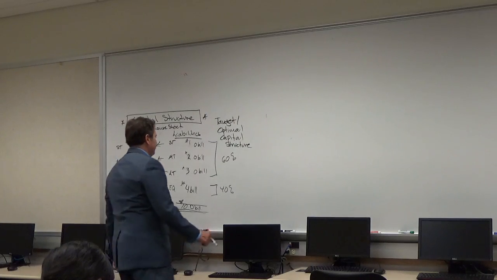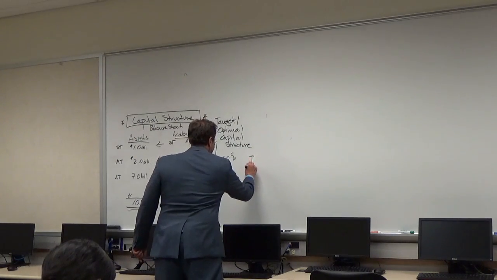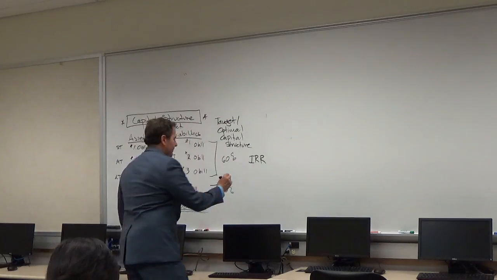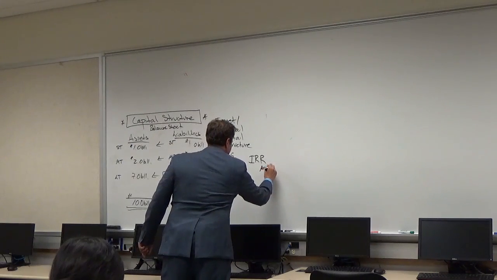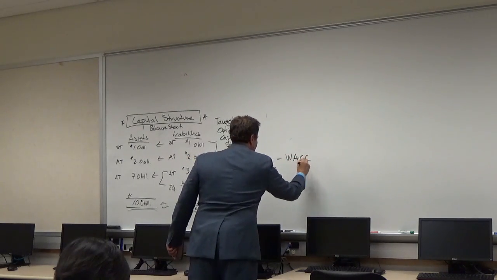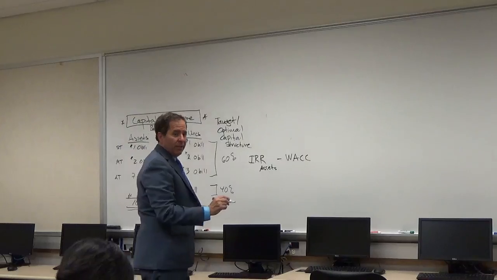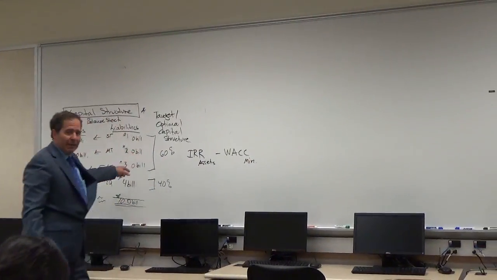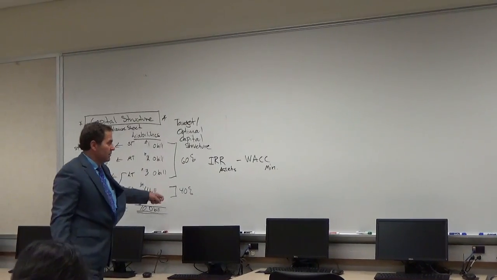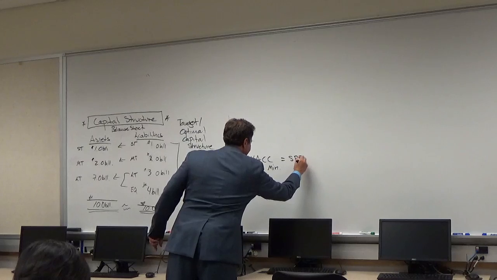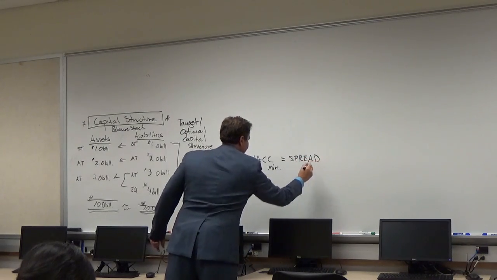Because the equation, your IRR on your assets minus the weighted average cost of capital, minimized by your optimal capital structure, is going to maximize the spread between the two.